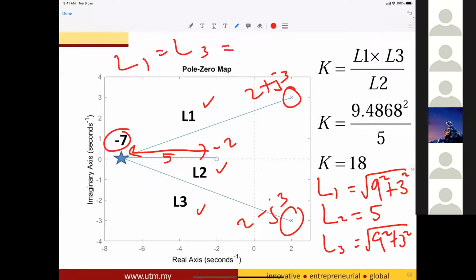What is the value of L1 and L3? 9.487. So L1 multiplied by L3, 9.487 squared divided by 5, gives the value of gain K at the break-in point as 18.